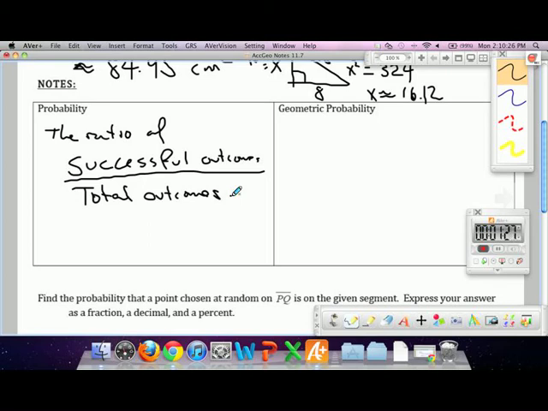In general, our geometric probability is going to be the ratio of successful area over total area.